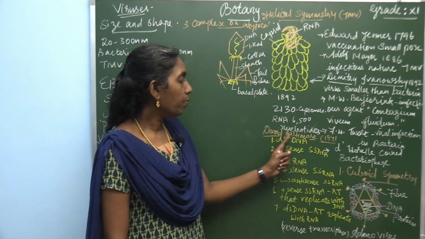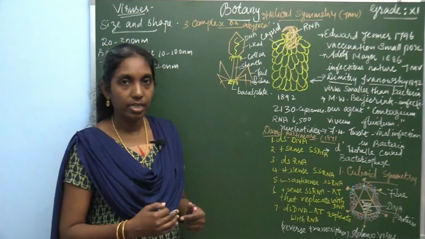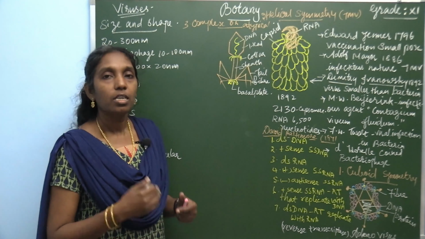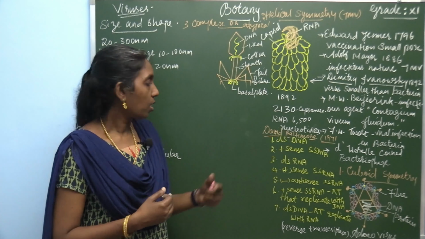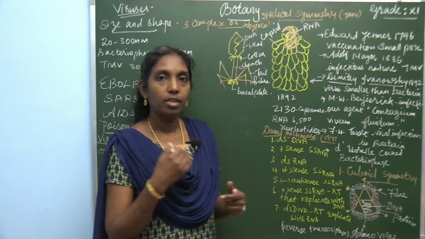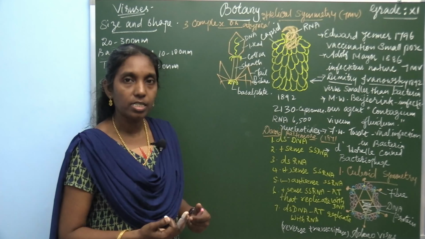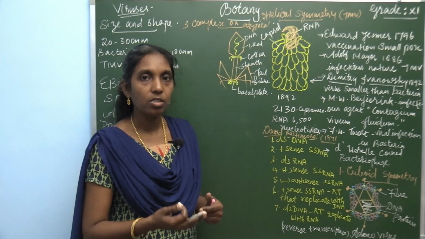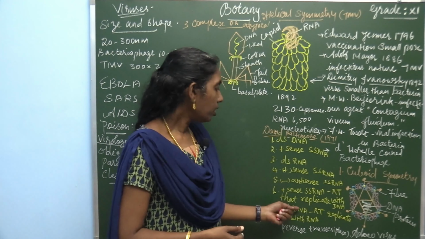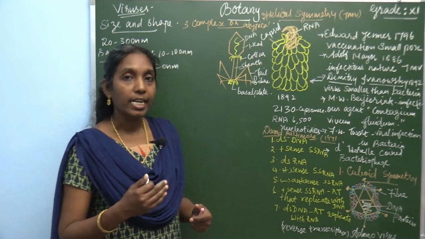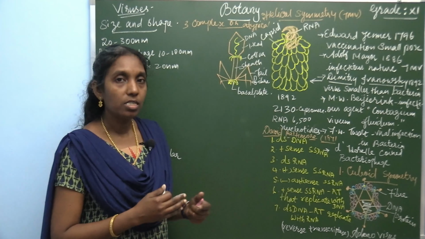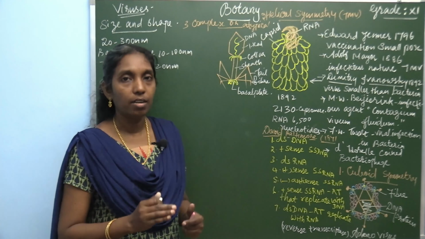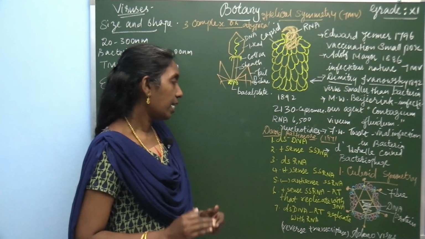David Baltimore classified viruses based on the nucleic acid content, whether it is double stranded DNA or single stranded DNA, the presence of plus sense or antisense, or the presence of reverse transcriptase. So, based on this, he classified the viruses into 7 different classes.